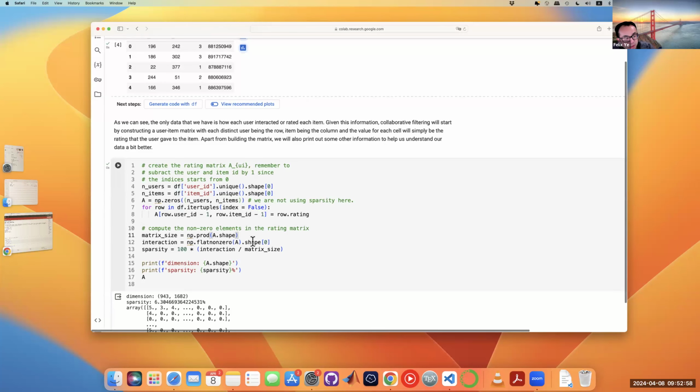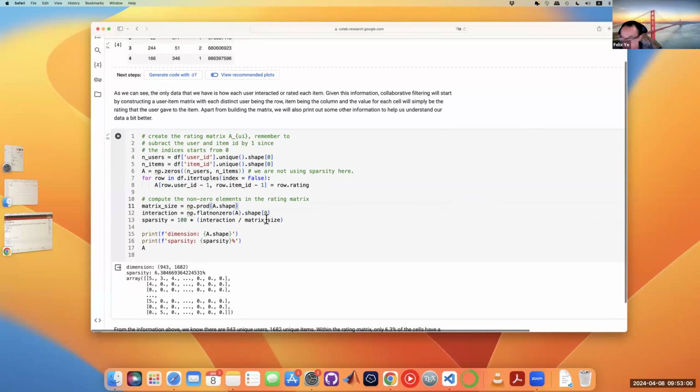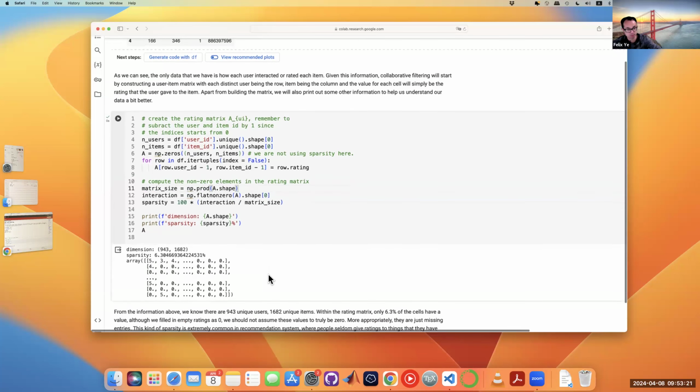Okay, we also need to see how many elements are actually filled, which is the sparsity of the matrix. So we compute the number of non-zero elements in the matrix and calculate what is called sparsity. This sparsity is about 6.3%.